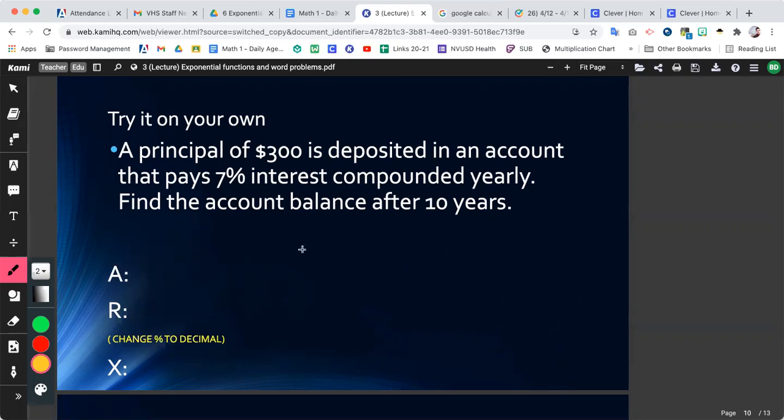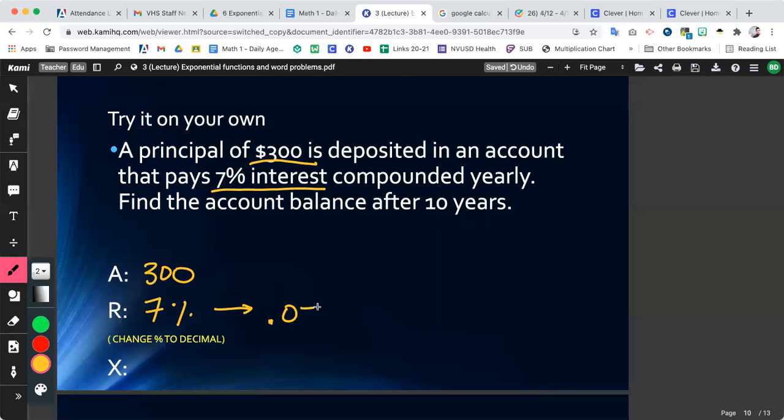Okay. So what does a principal of $300 stand for? A, very good. Okay. The account pays 7% interest. What letter would that be? Okay, so again, R, very good. 7%. How would I write that as a decimal?